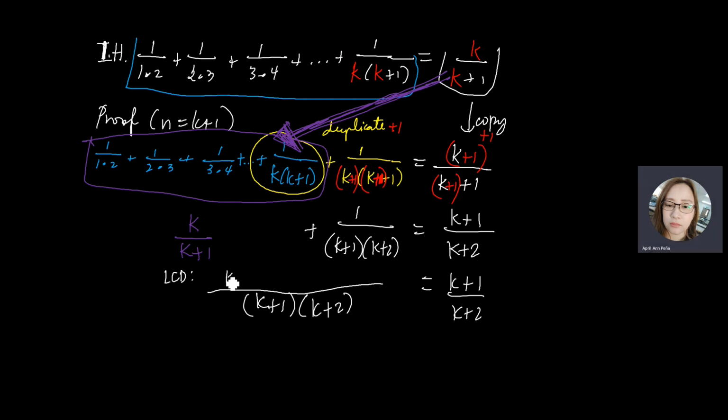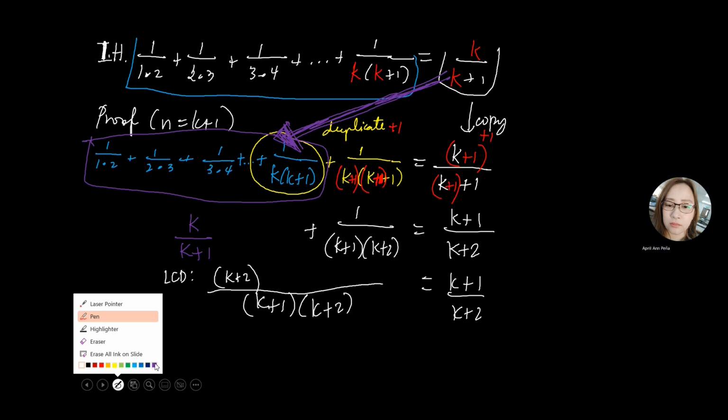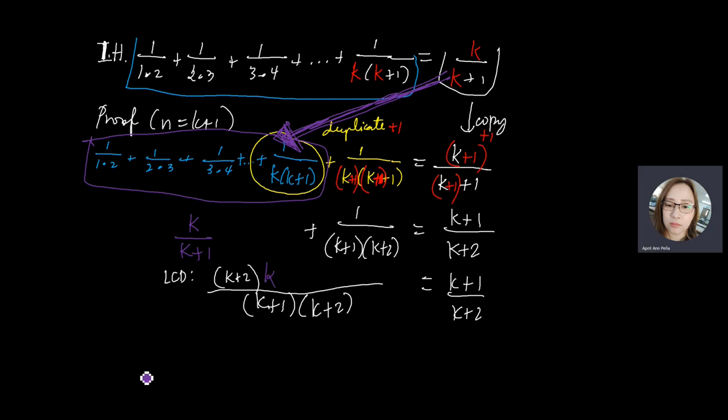So that is k plus 2 because we divided. And then you multiply the numerator k. Copy the operation, plus. So k plus 1 times k plus 2, the LCD, divided by the denominator of the second term, k plus 1 times k plus 2. So the answer would be 1. You multiply it to the numerator, it is 1.